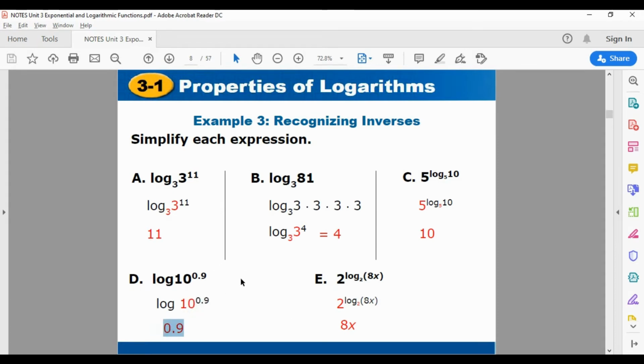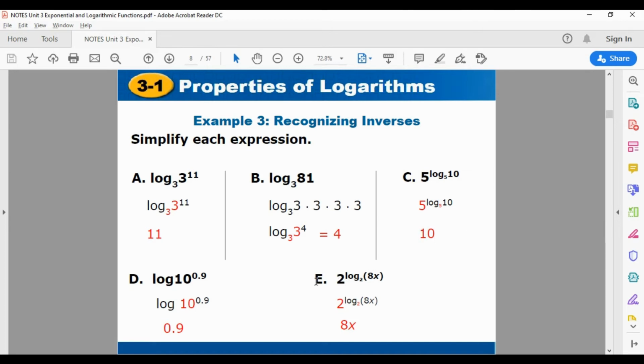We can reverse this process and look at it in terms of an exponential. With an exponent of a particular base, in this case 5 to the power of log base 5, the independent value of the logarithm is just going to end up being your answer. So 5 to the power of log base 5 of 10 is just 10, and the same is true here.